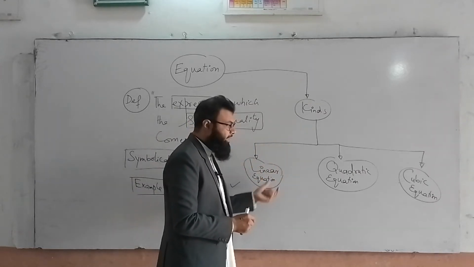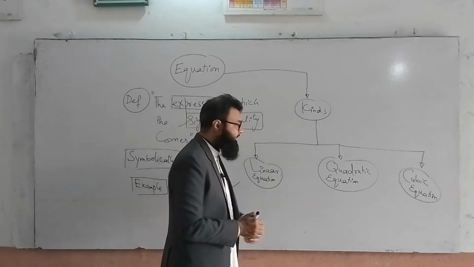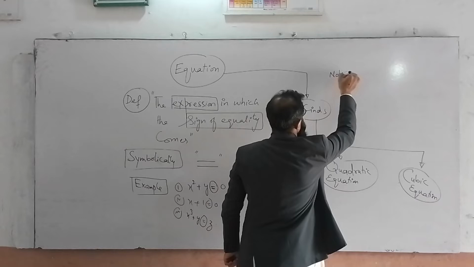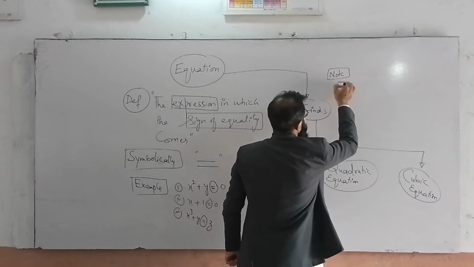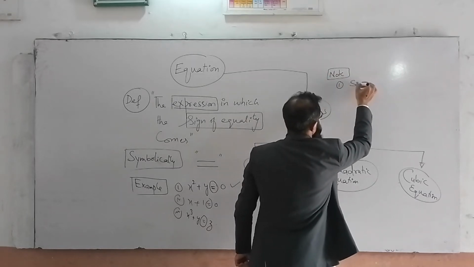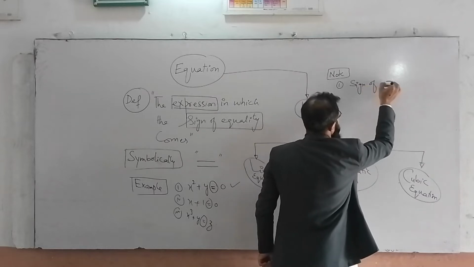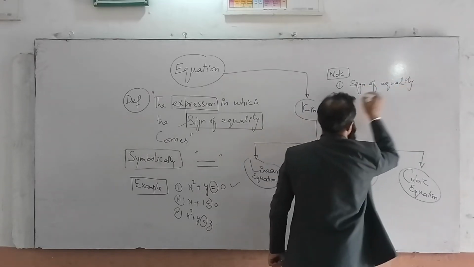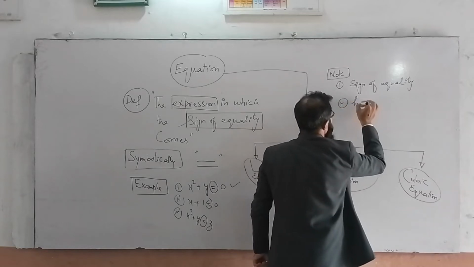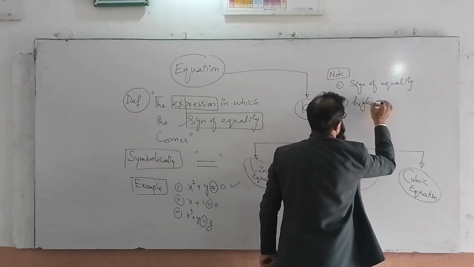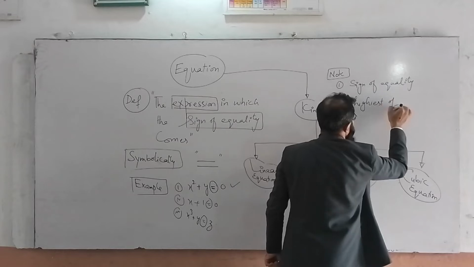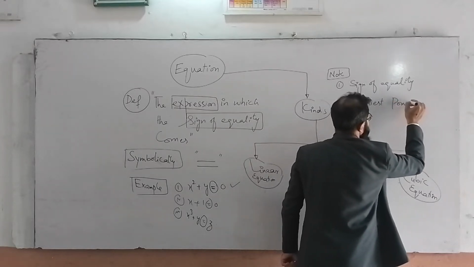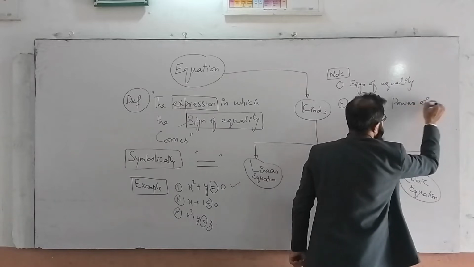One is called linear, the other one is called quadratic, and the third one is called cubic. In notes you can write: 1. sign of equality comes. 2. highest power of variable.